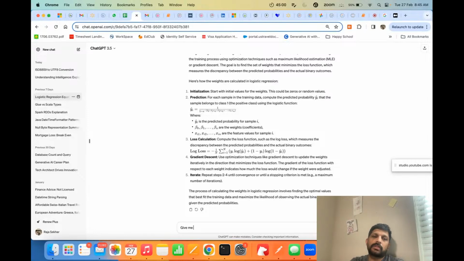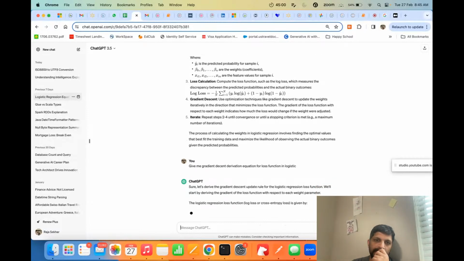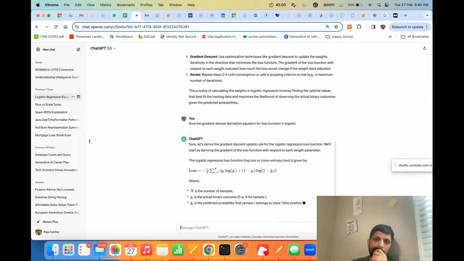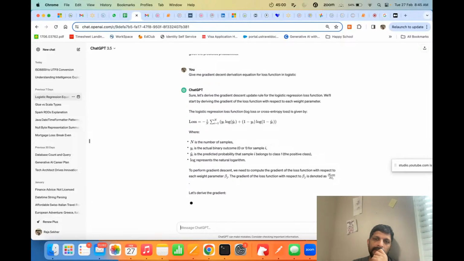So it's the same thing, I think. That's the loss function. Now we need to derive the gradient.